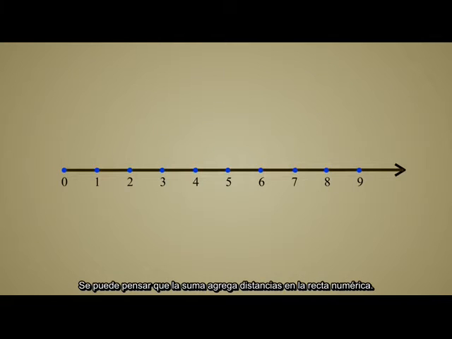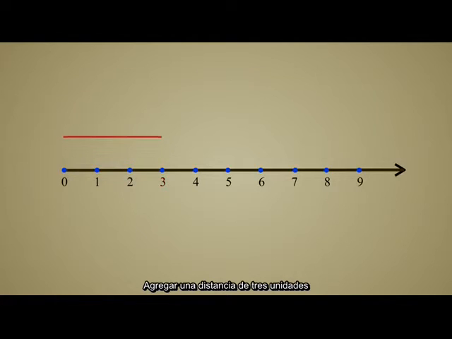Addition can be thought of as adding distances on the number line. For example, adding 1 unit distance to 1 unit distance gives us a distance of 2 units. Adding a distance of 3 units to a distance of 4 units gives a distance of 7 units.